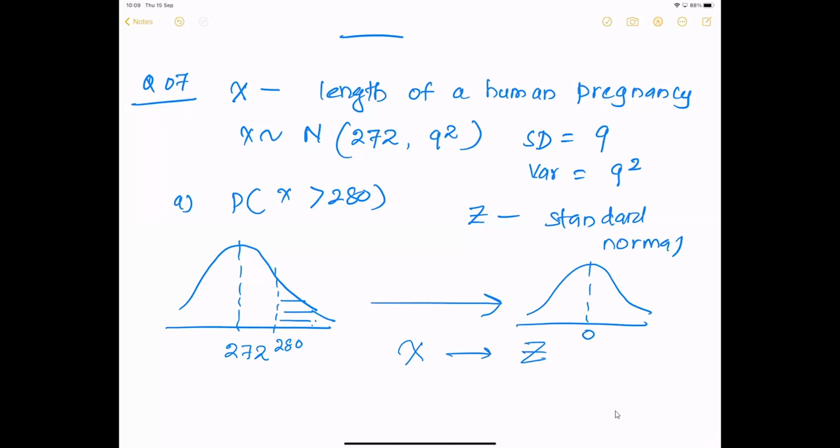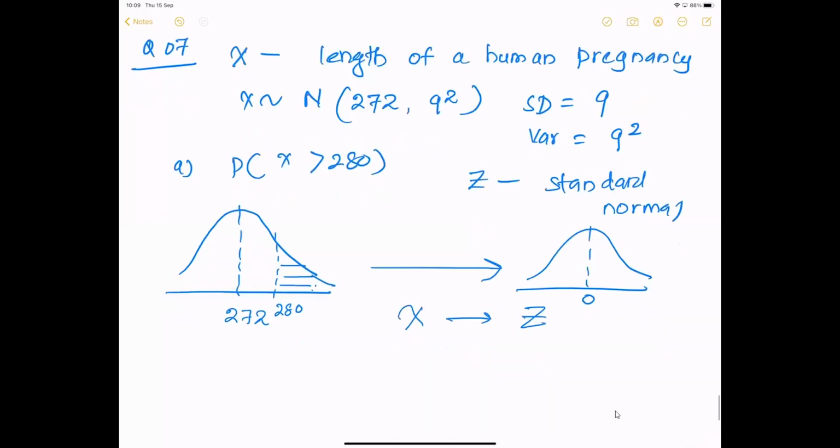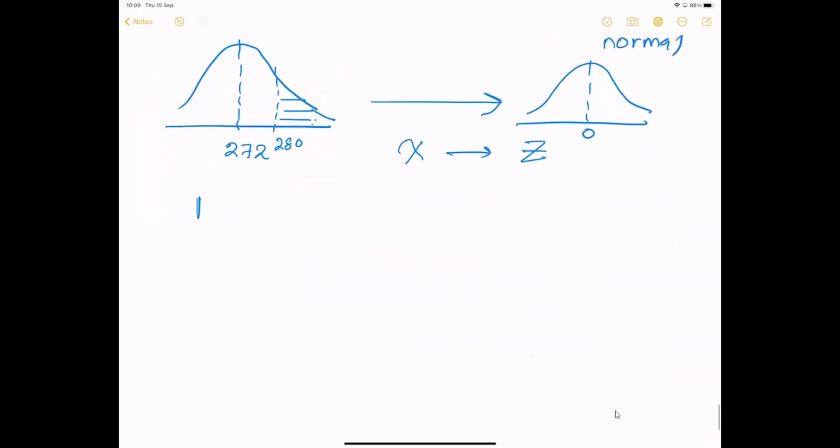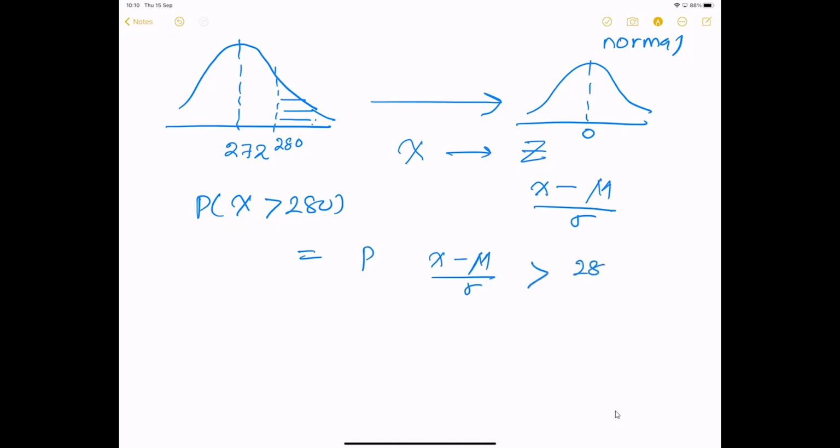That is standardizing, you know that. They are asking about P(X greater than 280). How can we convert this one? X minus mu over standard deviation. The same thing we have to do for 280 as well.